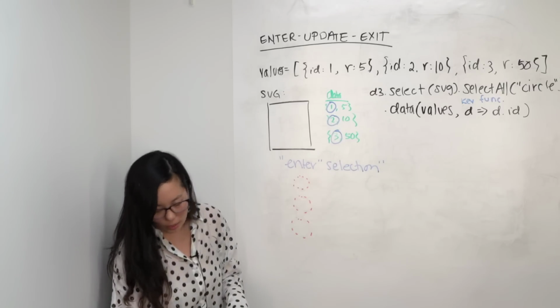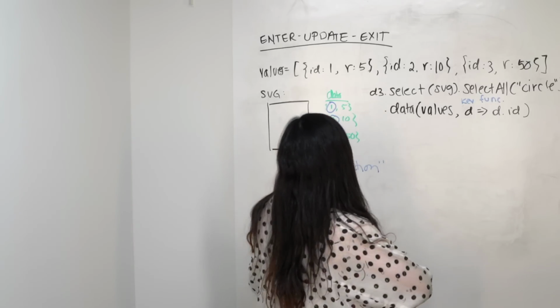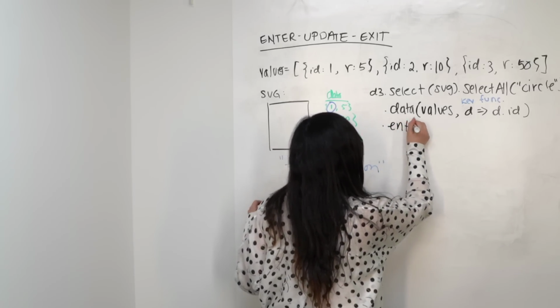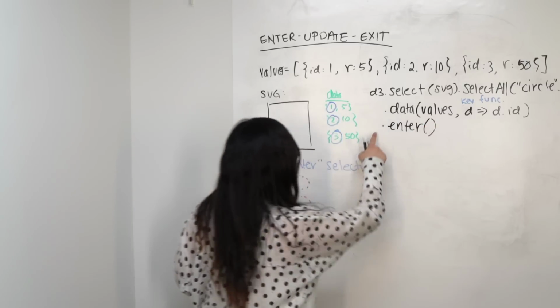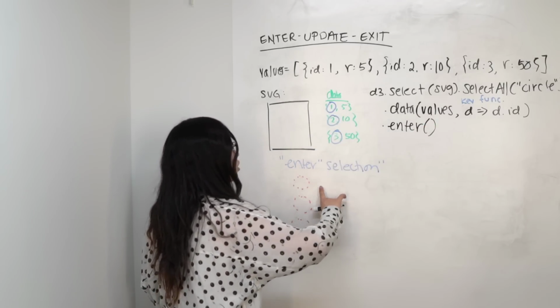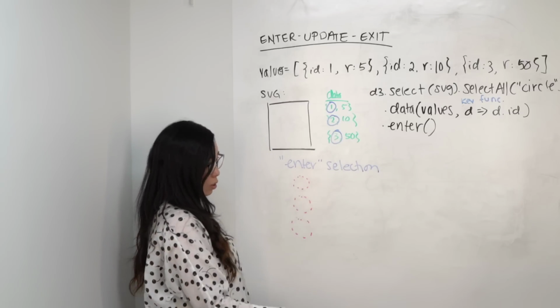The reason you do .enter is because you're telling D3, I understand there is something in the enter selection, so please return me these 3 placeholders.